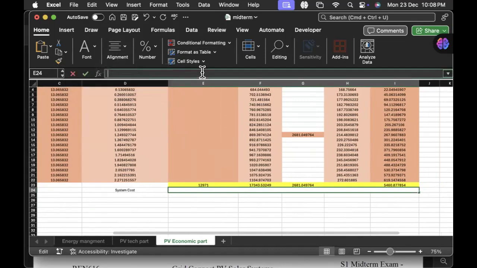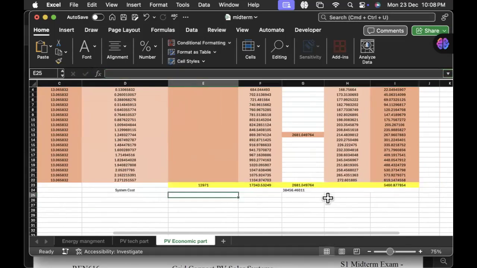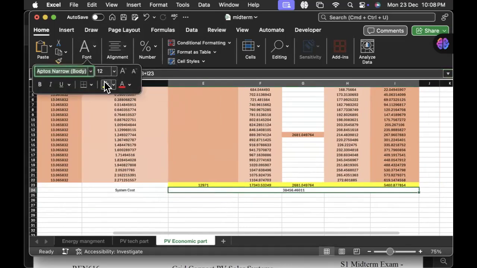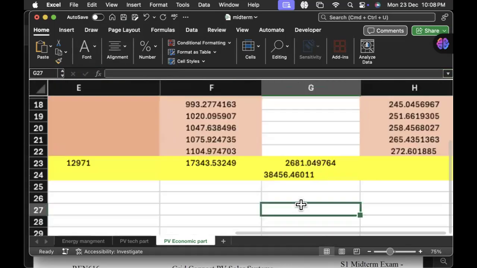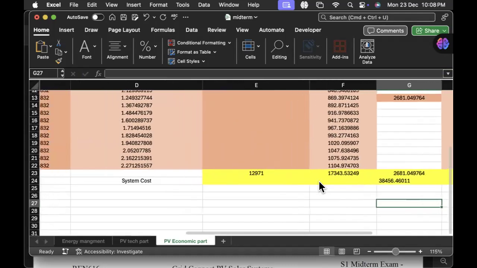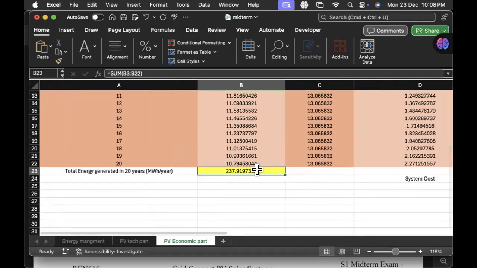And let me say that, okay, this is equal to this one plus this one plus this one plus this one, should be in yellow. So this is the overall system cost, which is about $38,456 over 20 years. And this is the energy.